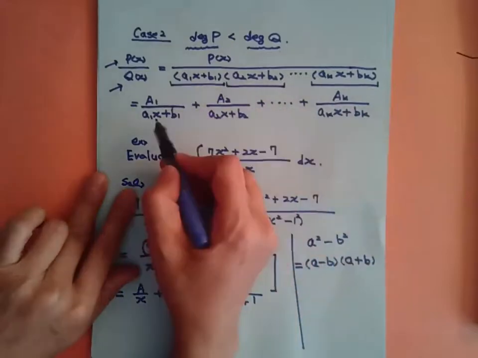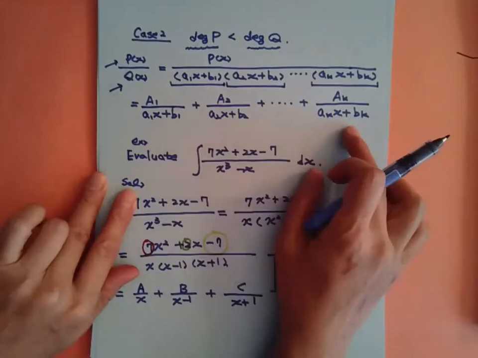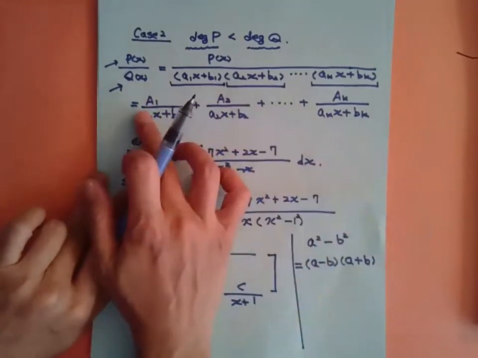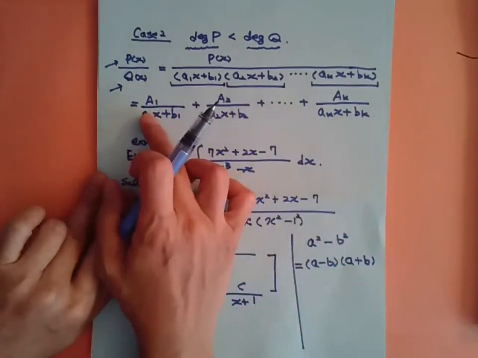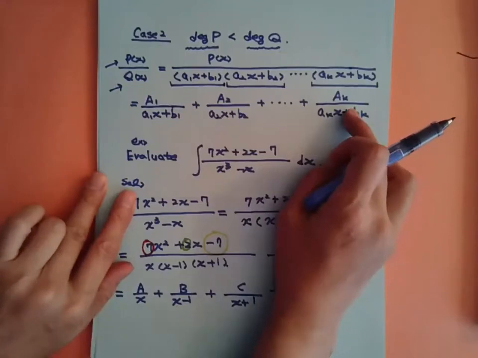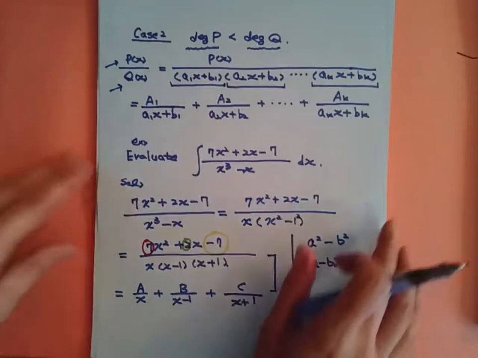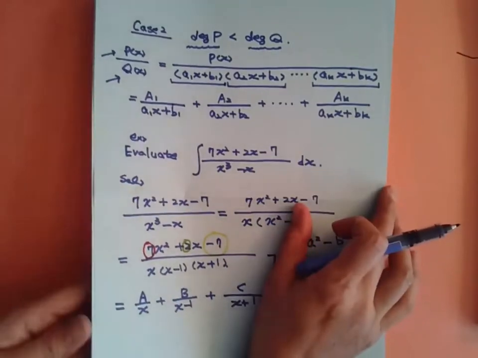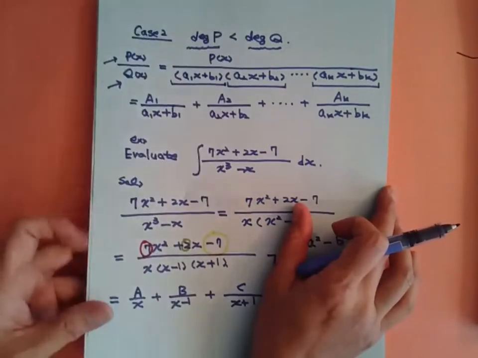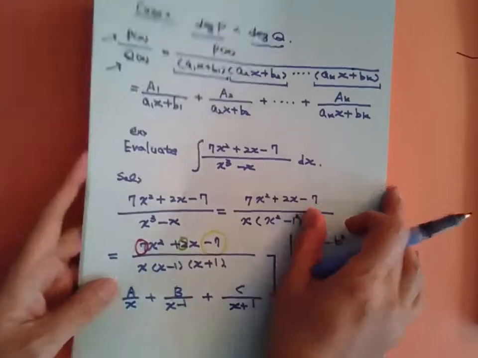Then what we did was we separate the fractions like this, and then we figure out what are A1, A2, and AK. And then we do term by term integration. Basically, what we are thinking about is the natural log after the integration. Integration of 1 over x equals natural log of absolute value of x.